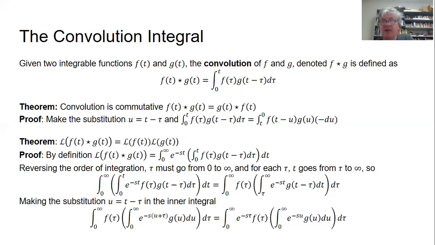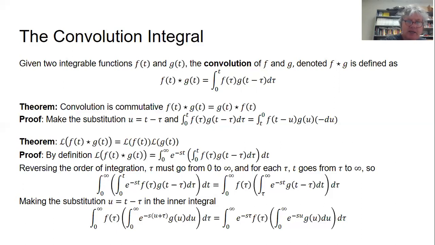What this is basically saying is that the Laplace transform is a ring homomorphism, because it's linear, and if we think of the product in the normal t space as convolution, and the product in Laplace space as just normal function multiplication, then we have a ring homomorphism.